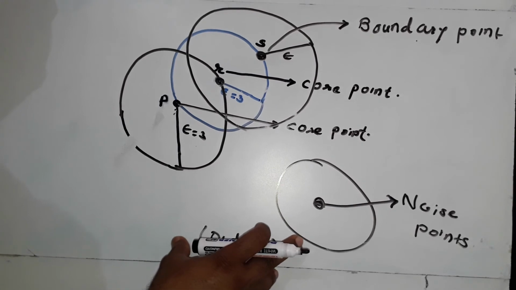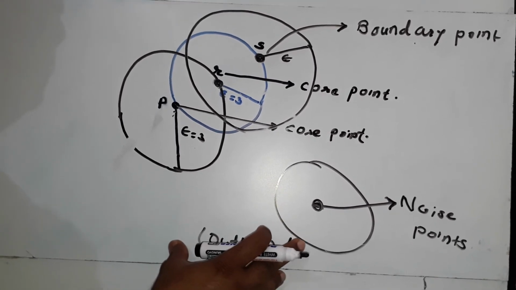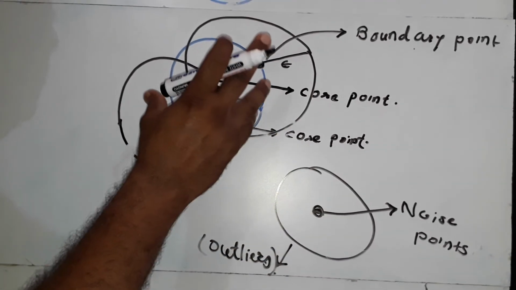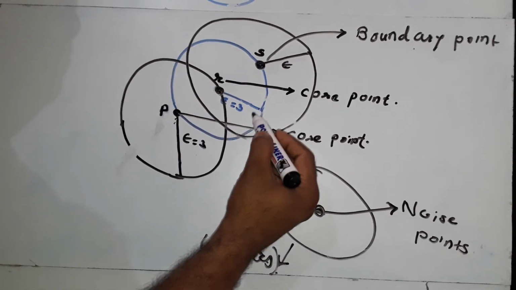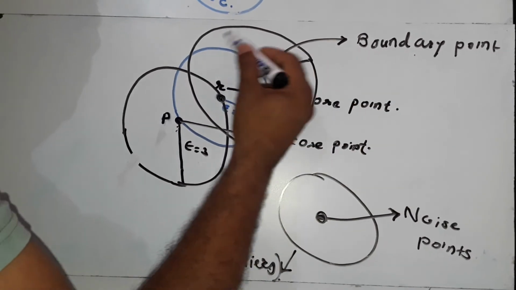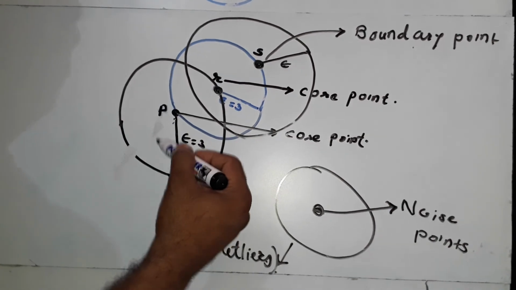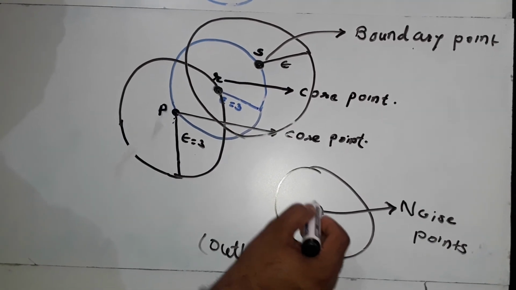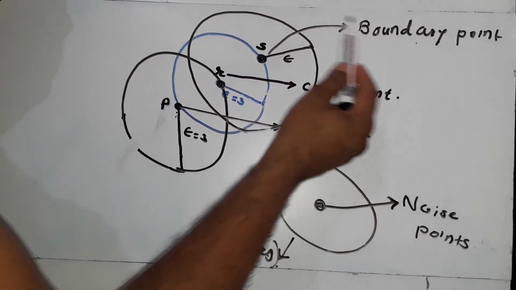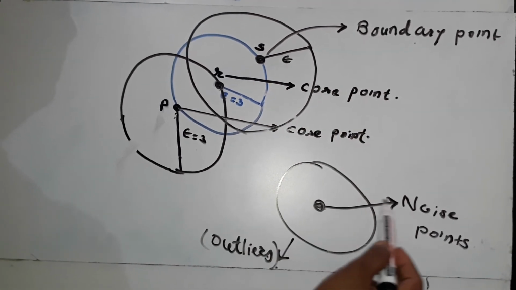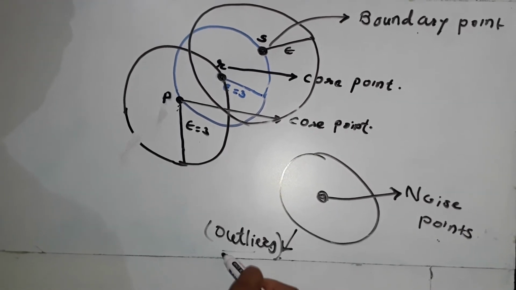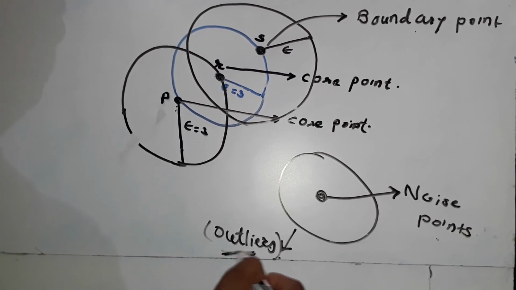So this is how DBSCAN helps us find outliers, by clubbing data points together, identifying each data point as a core point or boundary point. There are certain points which neither come under core points nor boundary points; those points we can treat as noise points. This is how we can identify the outliers present in the databases, right?